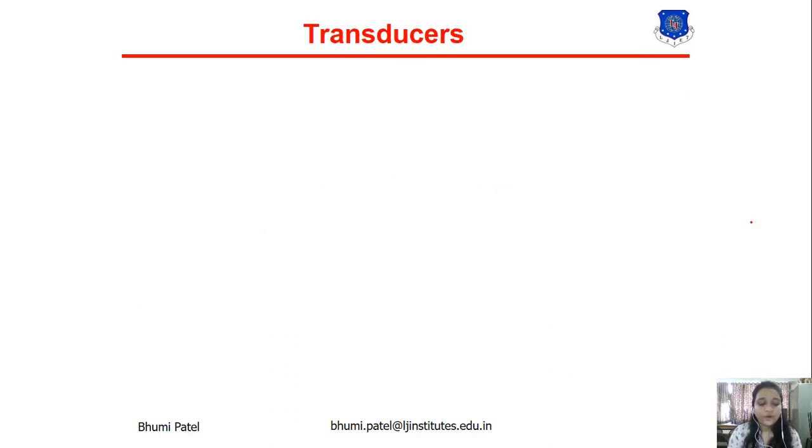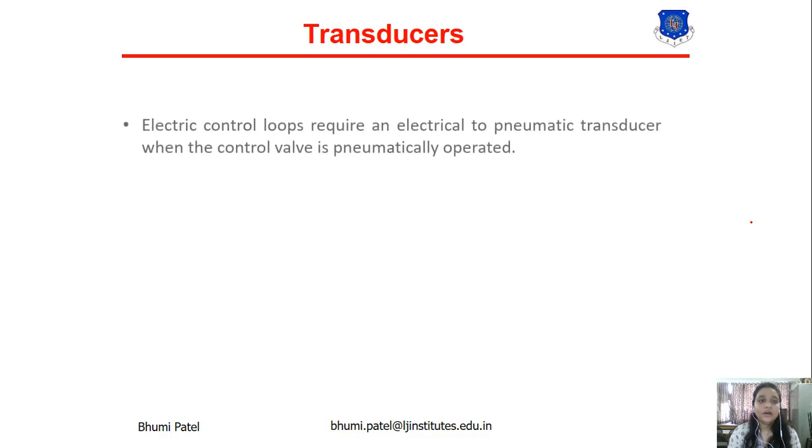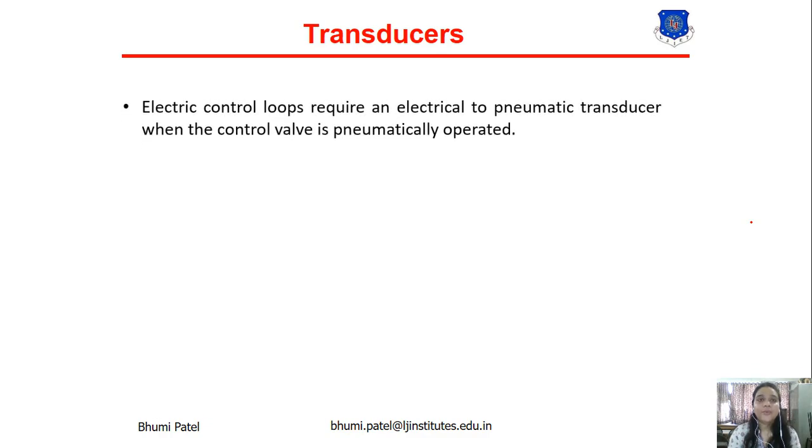All of you know what a transducer is. Electric control groups require an electric to pneumatic transducer when the control valve is pneumatically operated. As you know, the valve is operated by a pneumatic signal, so we convert the electric to a pneumatic signal. So we connect the electrical to pneumatic transducer.